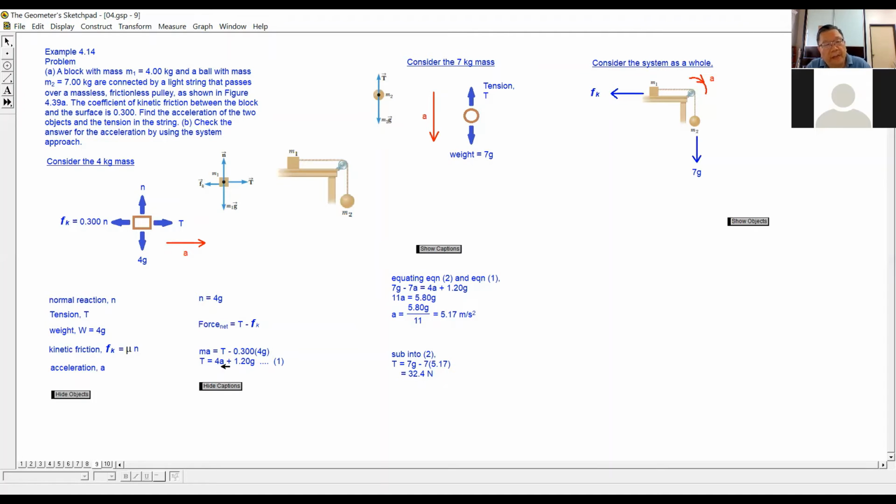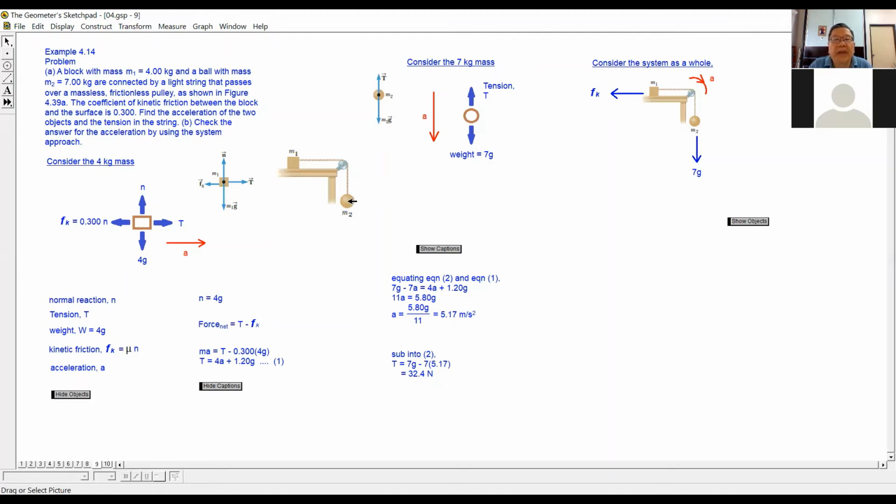Now, we just look at the 4 kilogram alone, so the m here will be 4. Next we are going to look at the second object, the round ball.